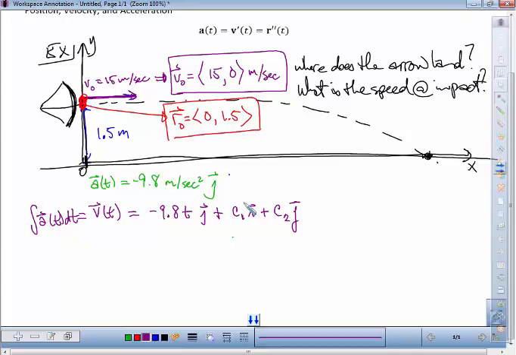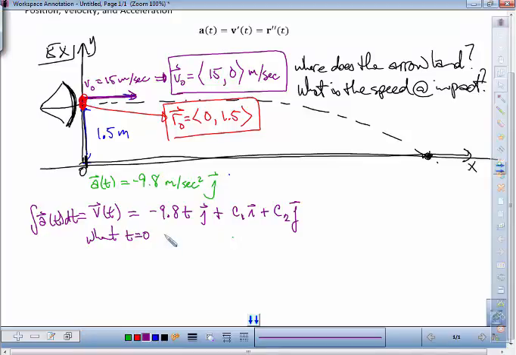In our case, we're given the initial conditions for the velocity. We know that when t is equal to 0, assuming that the initial conditions happen when the time is equal to 0, we know that it's supposed to be 15 comma 0.